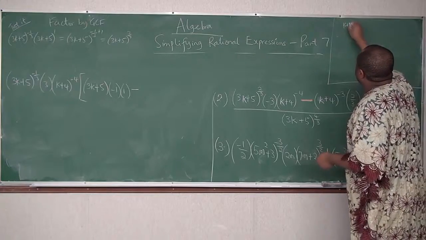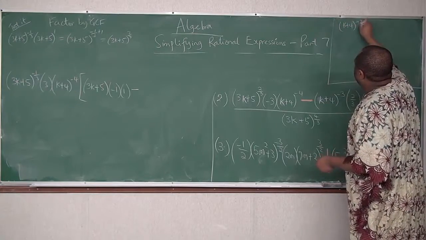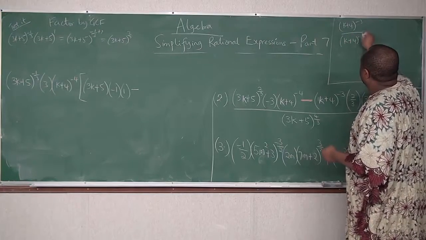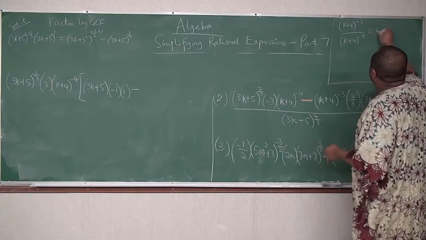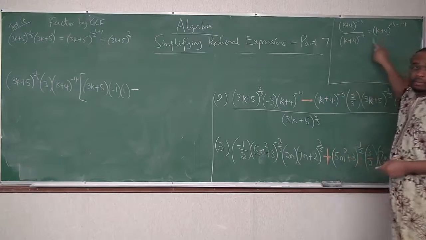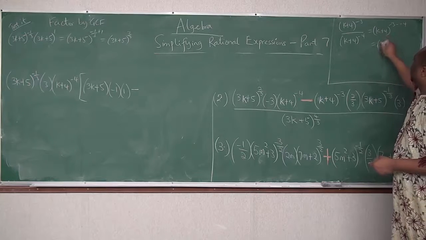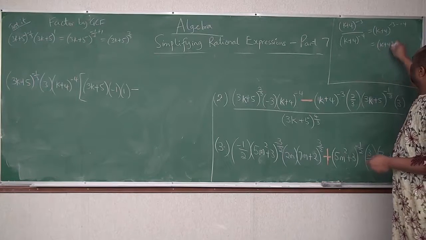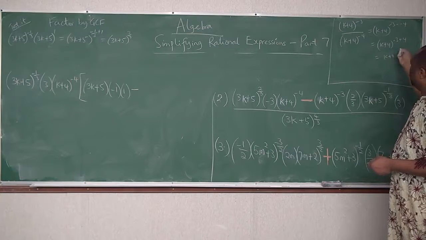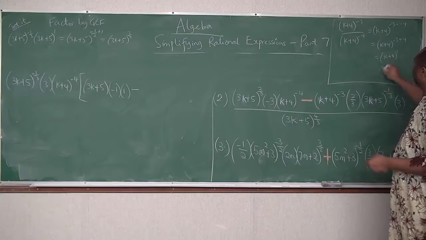So this will give us k plus 4 exponent negative 3 minus negative 4, which is k plus 4 exponent negative 3 plus 4, which is just k plus 4 exponent 1, which is just k plus 4.